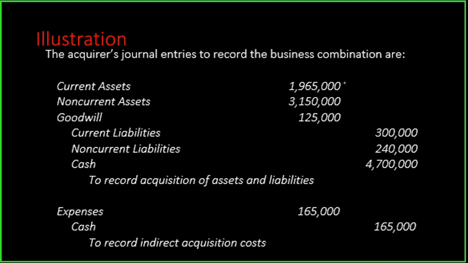Same entry as before: you record the assets and liabilities assumed at fair market value. But this time, since there is a goodwill, you debit 125,000 for goodwill and credit cash of 4,700,000. Now, your acquisition cost will be treated as an expense in the period when they are incurred.